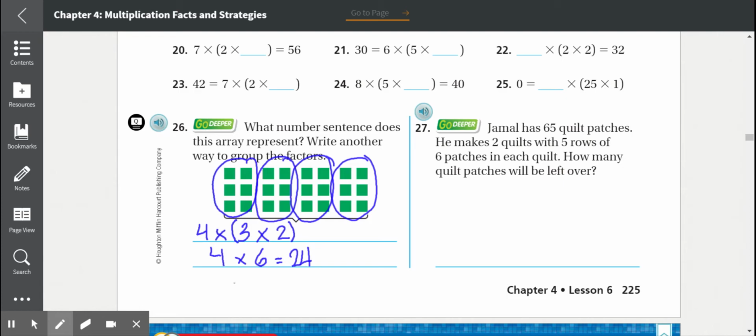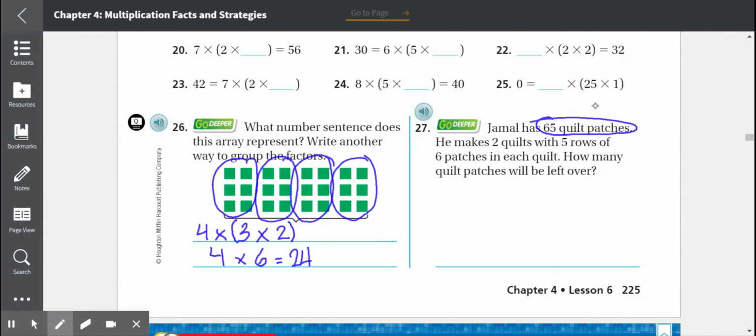Okay, let's do another one. Jamal has 65 quilt patches. He makes 2 quilts with 5 rows of 6 patches in each quilt. How many quilt patches will be left over? Okay, so we know he has 65 quilt patches.